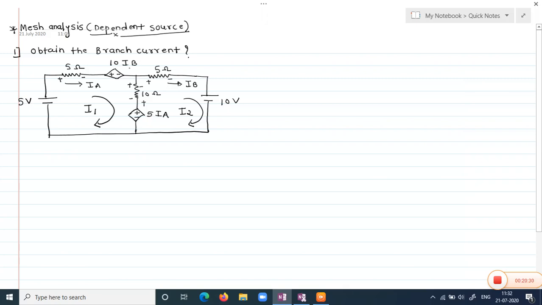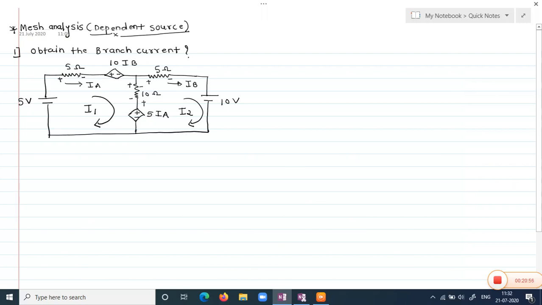That IB is flowing in the second loop and IA is flowing in the first loop. Have you observed over here? Right, means IA is nothing but your I1, and IB is nothing but your I2.